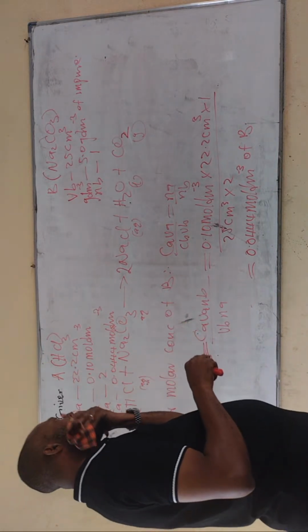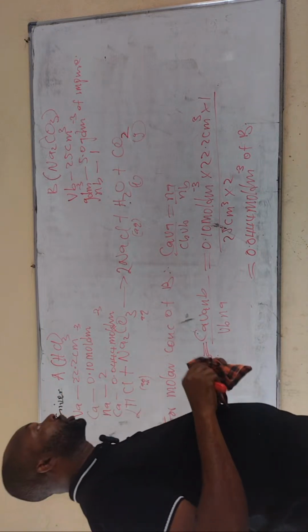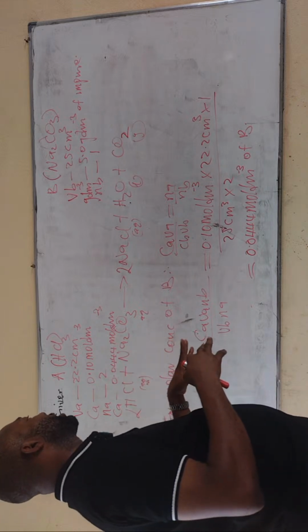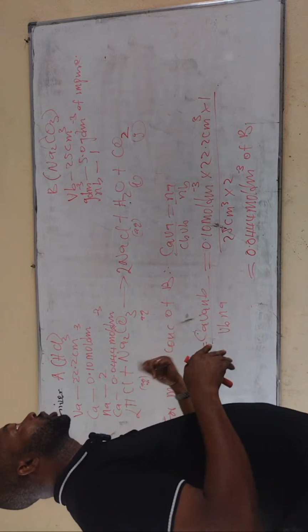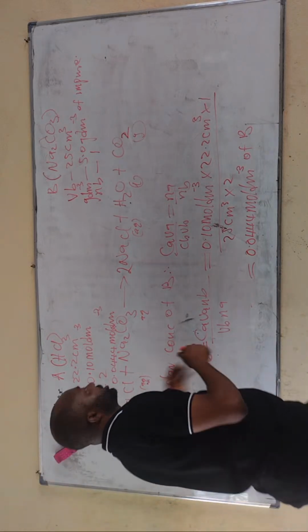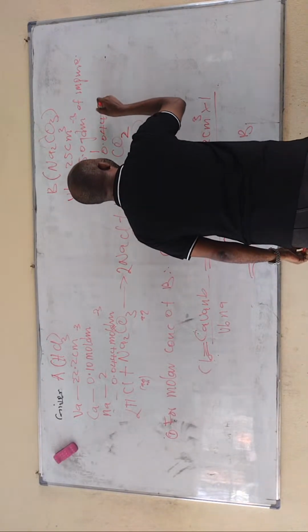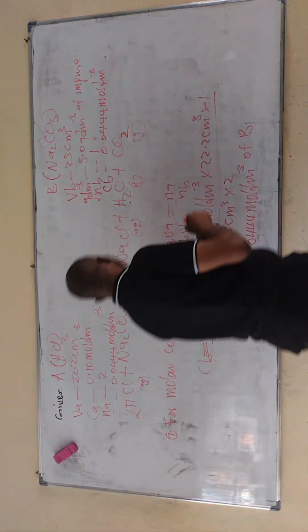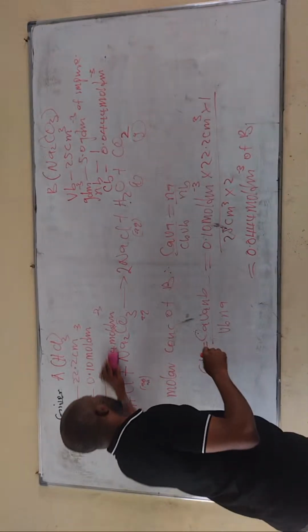Remember, for us to get the percentage impurity, we must get the mass concentration of both pure and impure. In this case, they've not given us that of pure, so we're going to calculate it. Sorry, CB is 0.0444 mole per dm cube.